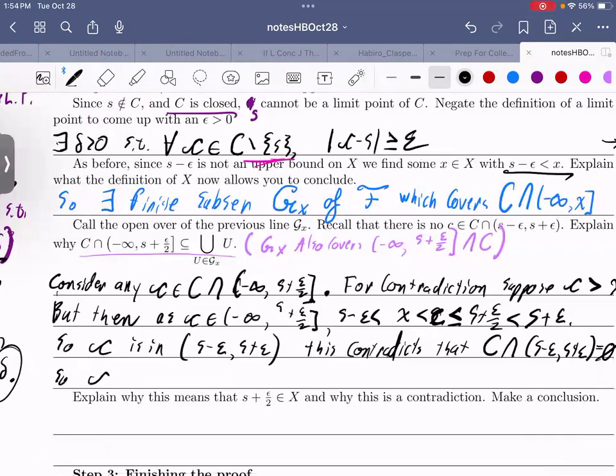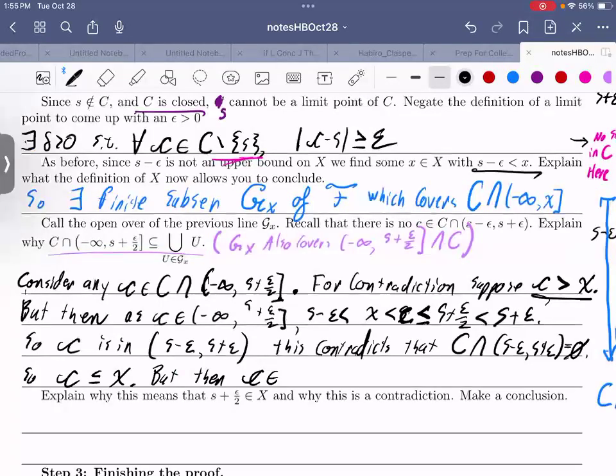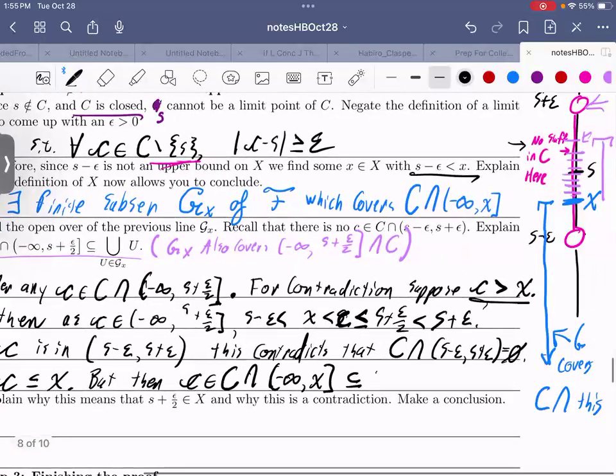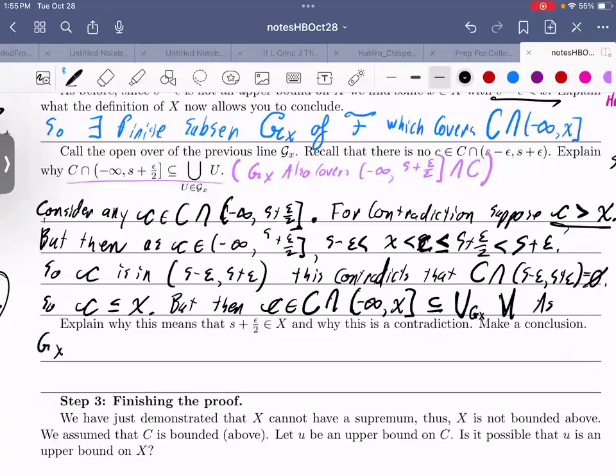So what did we assume for the sake of contradiction? We assume this. So C is less than or equal to x, but then C is still in the set big C intersect negative infinity to x, which is a subset of the union over things in Gx, as Gx covers this.